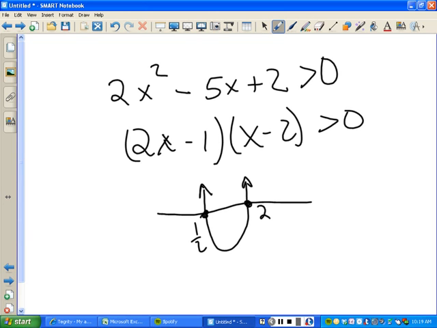Yes? Now, when's it above 0? From negative infinity to 1/2, union 2 to infinity.